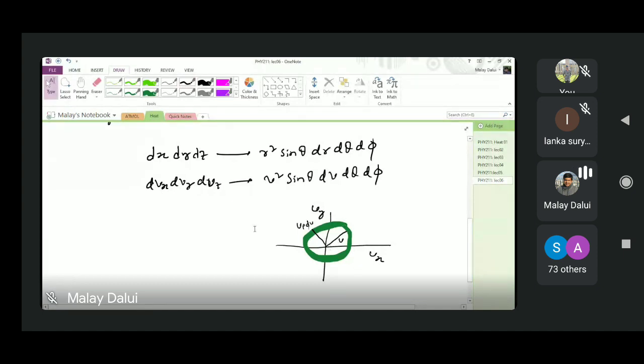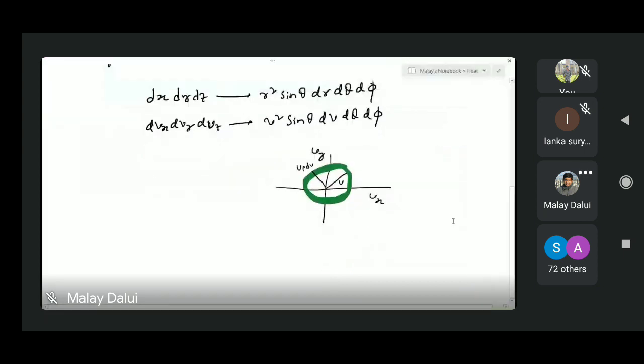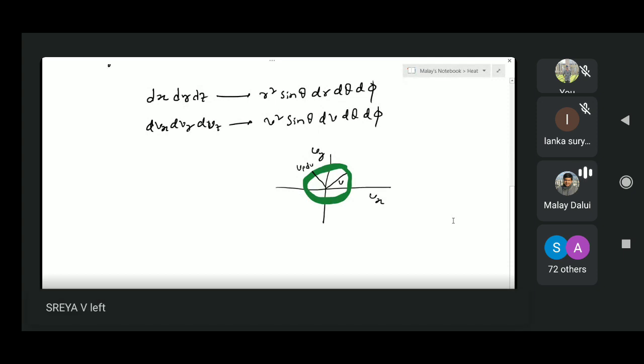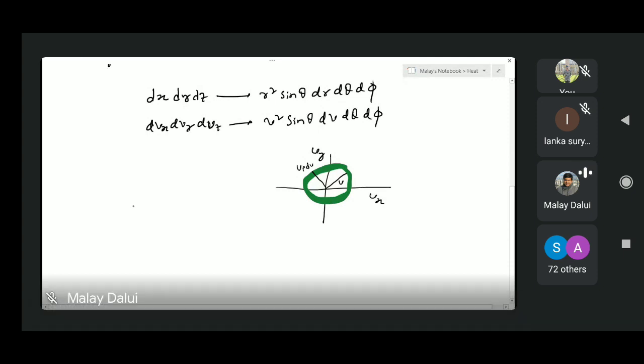As I said, this is an isotropic distribution, so we have to integrate over all the angles. If we do that, then the volume element, so I should write it.